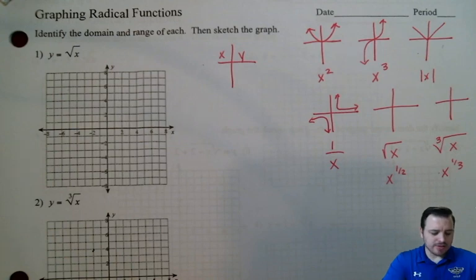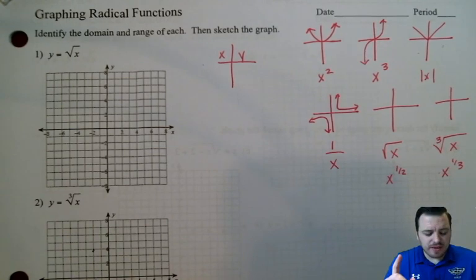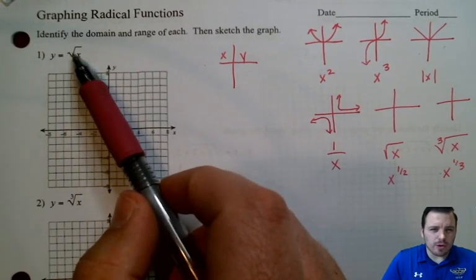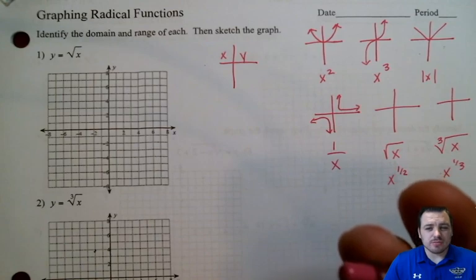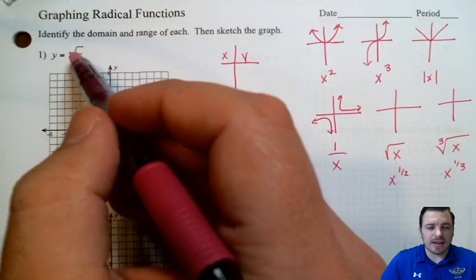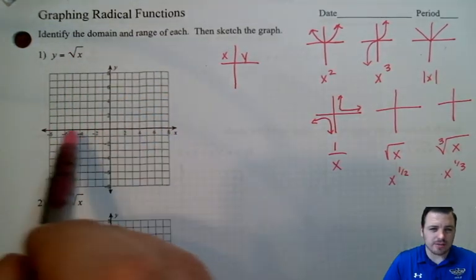Tara says -2, -1, 0, 1, and 2. Yeah, and that's normally what we do. We stay around the origin. But this is a little bit different because it is a square root. So what's the square root of -2? You can't have a negative on the inside. That would be an imaginary number, and there are no imaginary numbers on this.